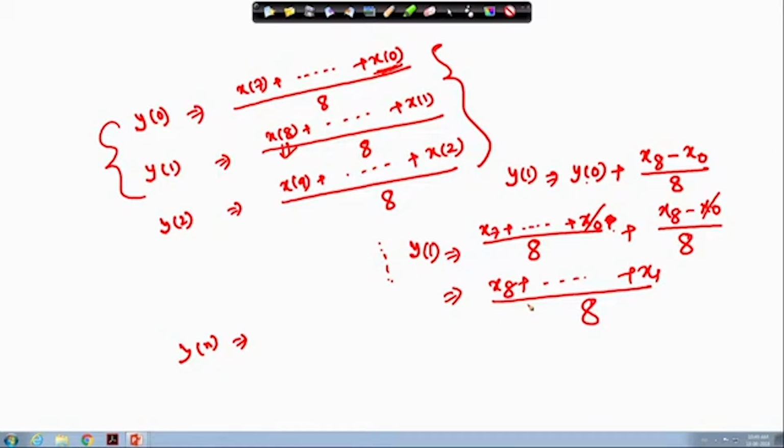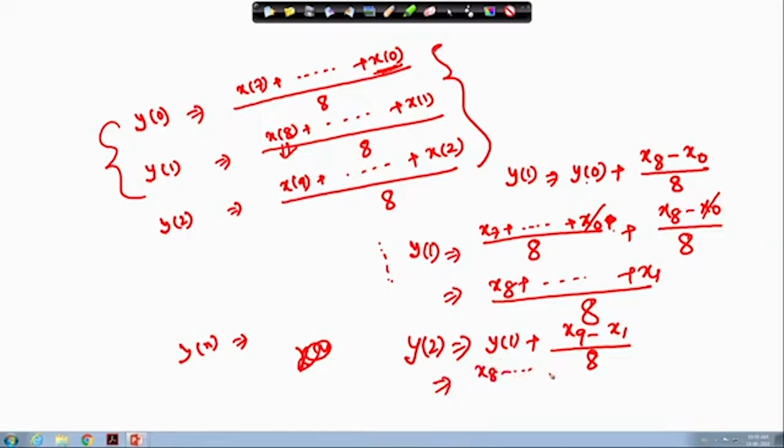Then again this y 2, can I write that as y 1 plus x 9 minus x 1 divided by 8? Can I write that? Yes, I can. Why? Because this is x 8 to x 1 divided by 8 plus x 9 minus x 1 divided by 8.